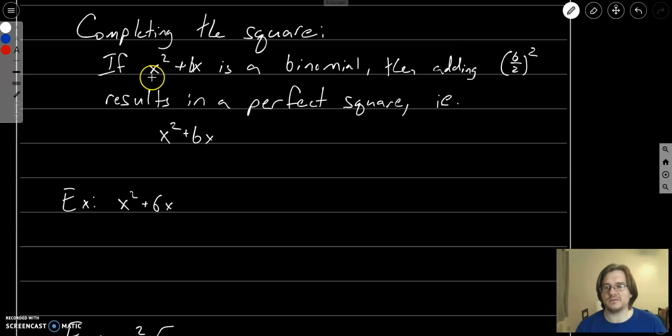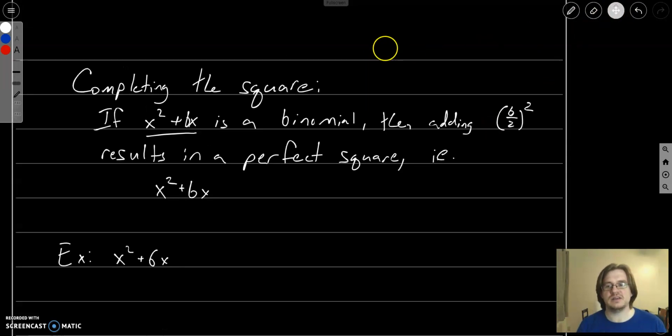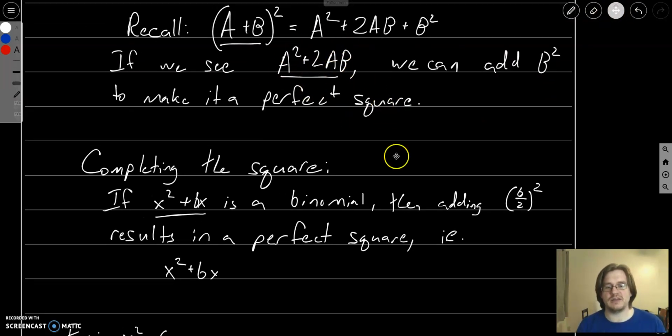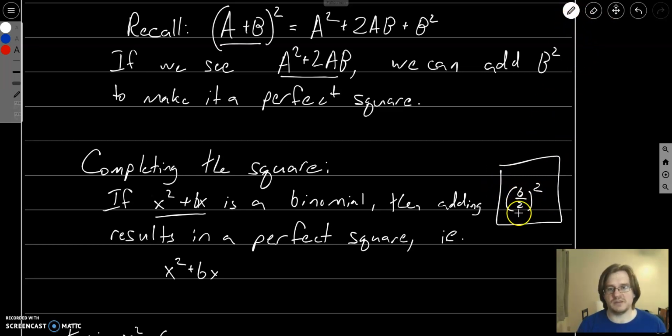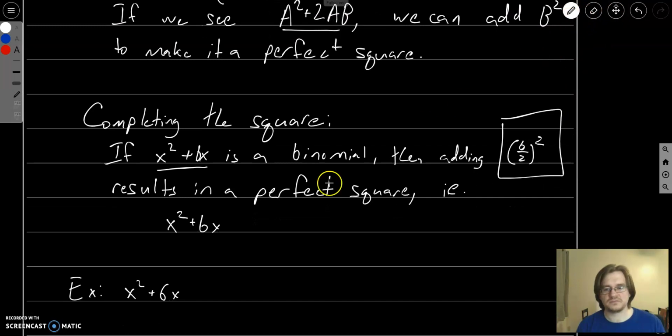Whenever you have something of the form x squared plus b times x, this is going to be the form that we're looking for. And what we'll do is we'll add this particular number. We're going to take b divided by 2 and then square the whole thing. And what will happen here is the following.